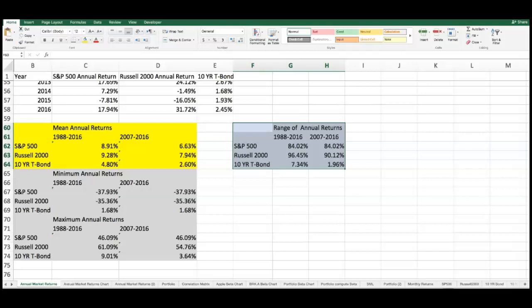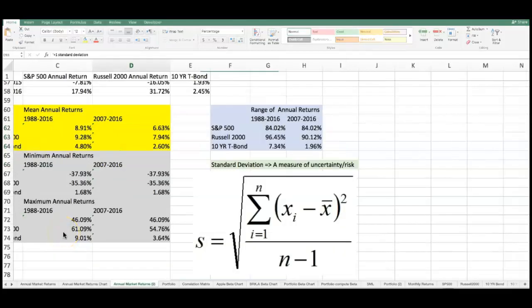We can get a better measure of risk by calculating the standard deviation. The standard deviation is a better way of capturing risk than simply looking at the range of annual returns. As the name implies, we're standardizing this variability, this range in annual returns, by looking at the number of years.